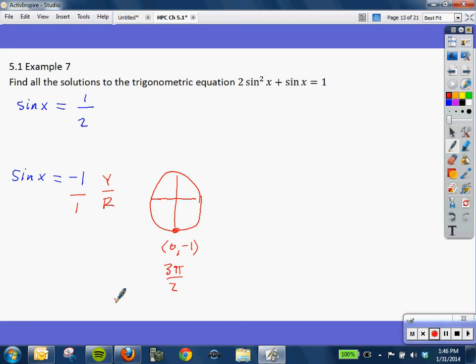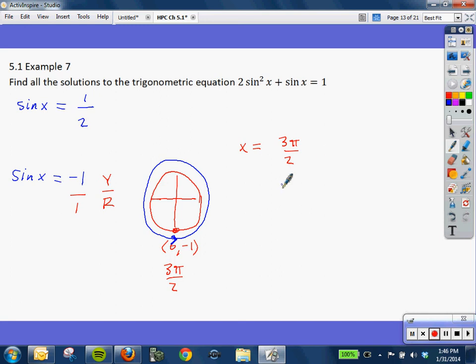The problem is it says to find all of the solutions. So one solution, one x value, would be 3 pi over 2, right? However, another x would be when we add 2 pi. If I add 2 pi, it takes me full circle to this point again.